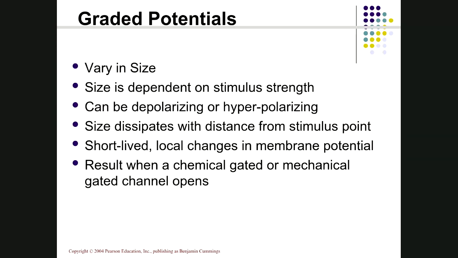So again, here are these characteristics. They vary in size. Remember, they can be a little one, they can be a bigger one. They vary in size, and the size is dependent on the stimulus strength. So if we look at these, you can see this is a small stimulus. But this one is a big stimulus. The size is dependent on the stimulus strength.